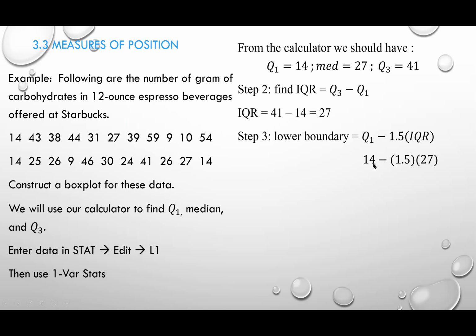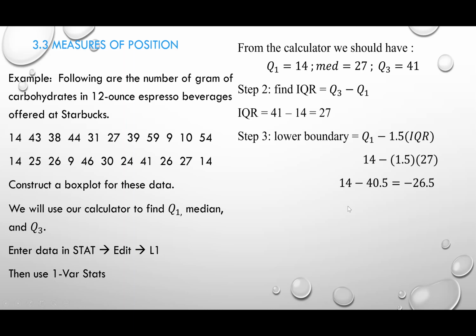So 14 minus 40.5 will give me negative 26.5. Everybody see that the lower limit, if you have some data that is smaller than negative 26.5, that will be an outlier. But in this case, we don't have any data like that. We don't have an amount of carbohydrate that is in negative units, right? You cannot have a negative unit of something in this item, okay?